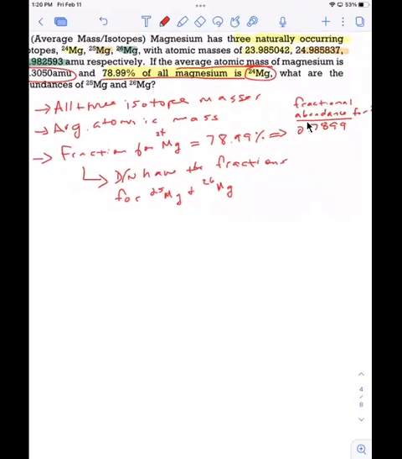So how are we going to do that? It gives us a huge clue by telling us the percentage of magnesium 24. It says that the percentage is 78.99%. So if the total percentage of all isotopes has to add up to 100, what's left over from 100 if magnesium 24 takes up 78.99% of that 100?